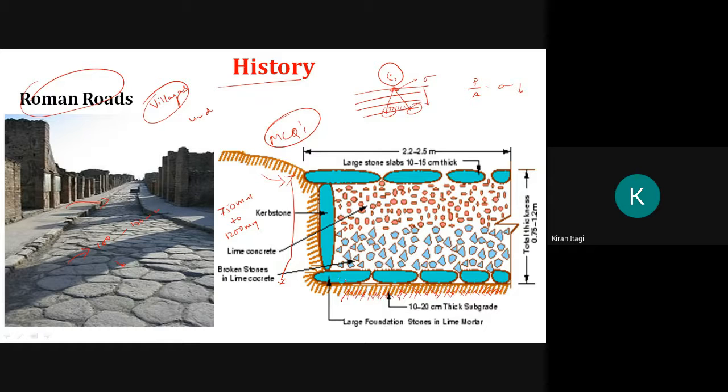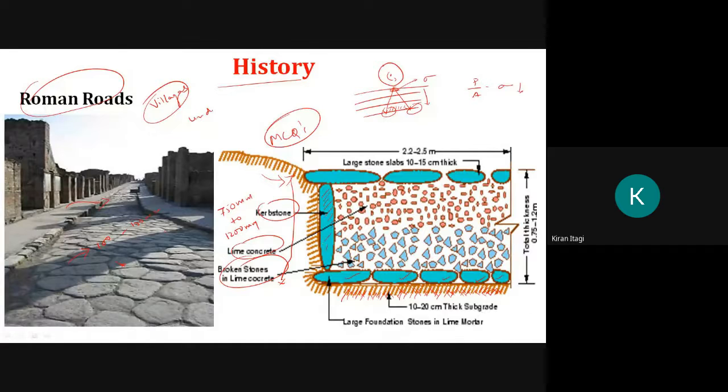At the bottom, what they have done is they have laid the slabs or heavier stones. Above that, they have laid brick stones or broken stones. Then above that, lime concrete, a mixture of lime and aggregates. Then this one is a curb.